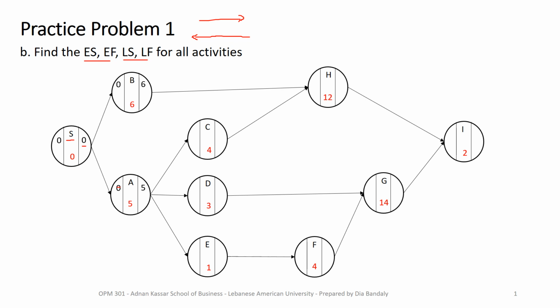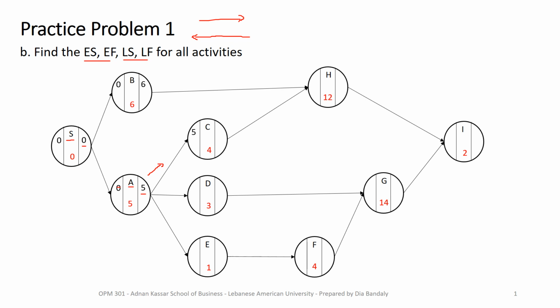Now I need to move from A to C. So the early start, what's the earliest time activity C can start? Of course, it has to wait for A, which is its immediate predecessor, to be completed, which happens on week 5.